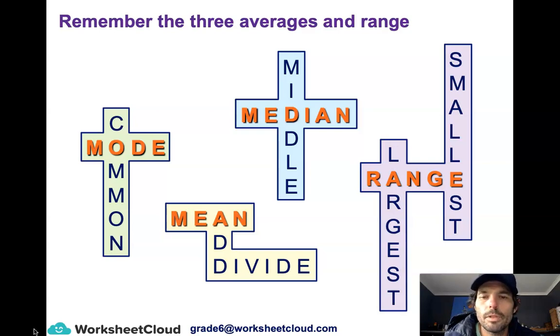Your mean, as we've just discussed, says add and then divide. So there's a nice visual for you to remember how to work out the mean: first add and then divide. And then your range is your largest value minus your smallest value. I just thought those might be handy for you to remember moving forward.